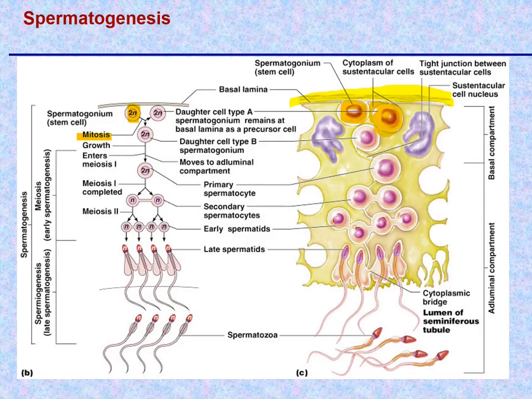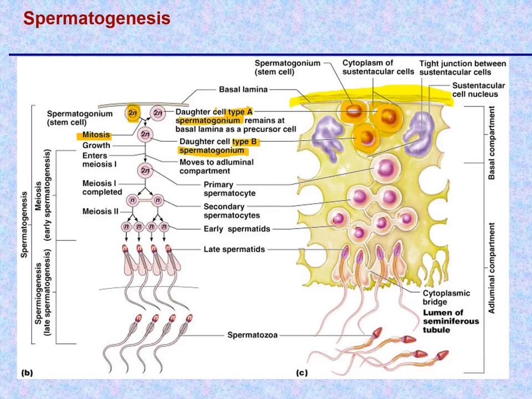So you have a replacement of stem cells, otherwise you would run out of stem cells. And the second one is the type B spermatogonium, which is going to go on to differentiate and divide, forming sperm cells.